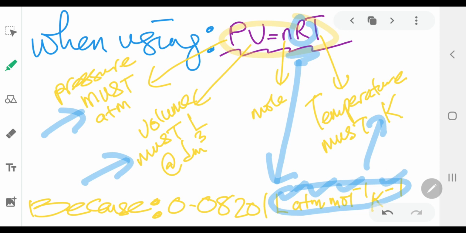So that is the reason why you need to convert all of the units first according to the units of your R value. That is very essential. A lot of students, they have made this very simple mistake, and because of that very small mistake, they have lost quite a lot of marks. So please bear this in mind.